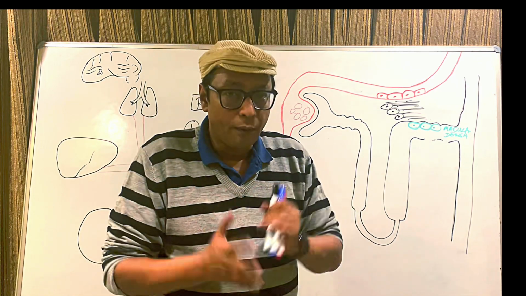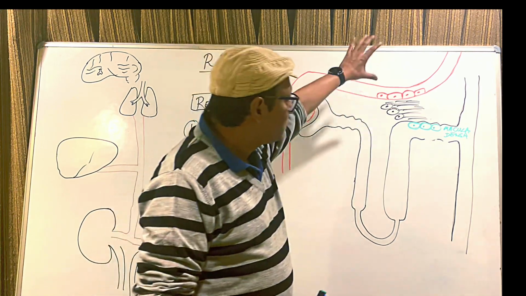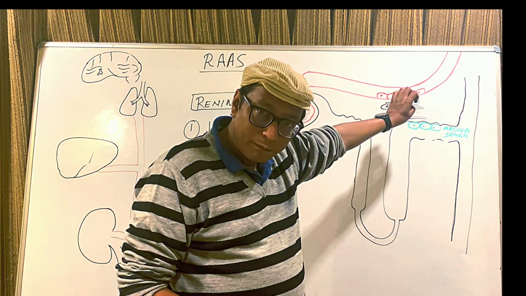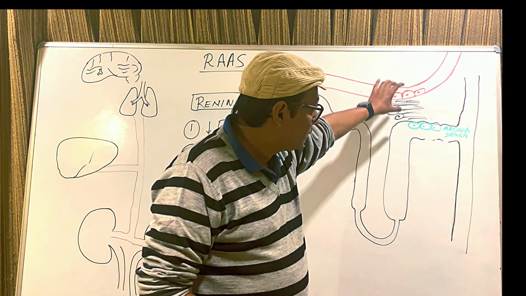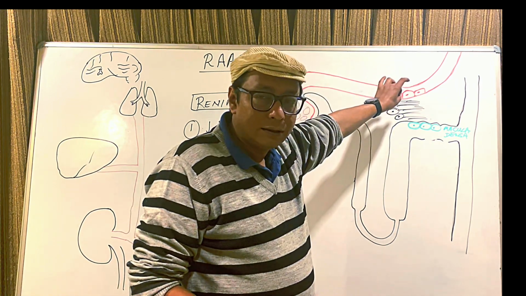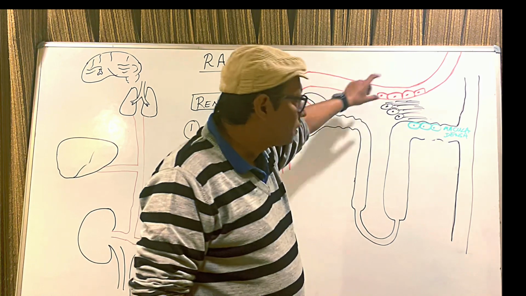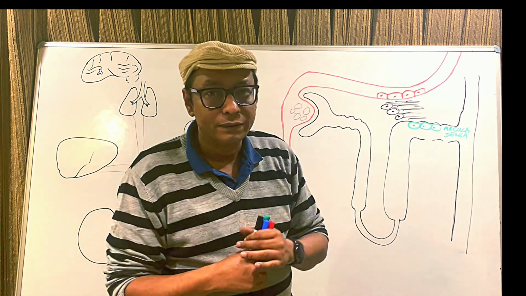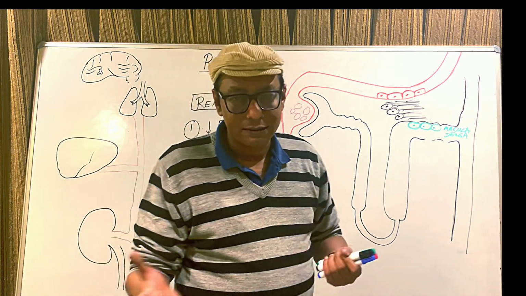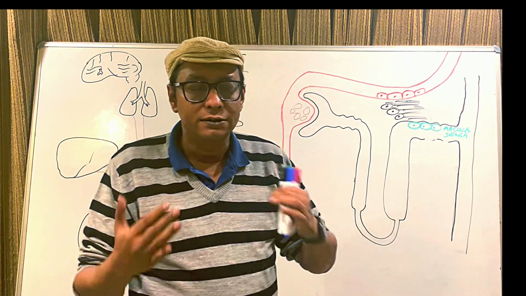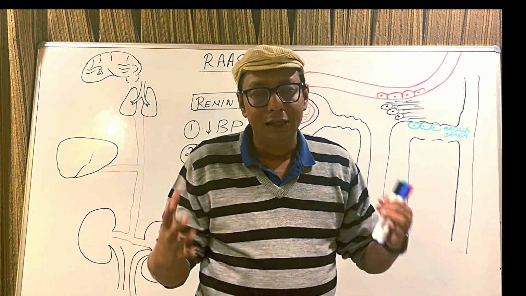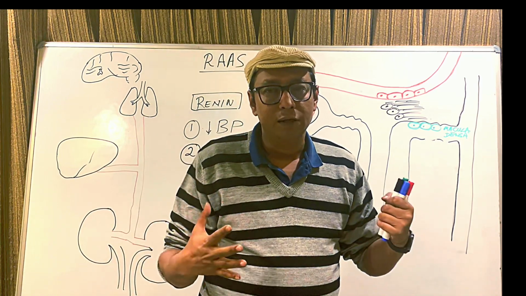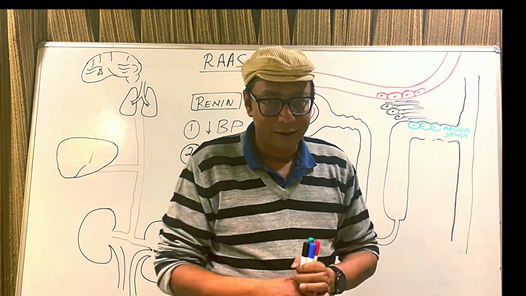So the body will try to send less blood to the kidney, so it will constrict these arterioles so that more of the blood is sent to the skeletal muscles, because at the time of fight or flight response, we need a lot of blood circulation in those areas.